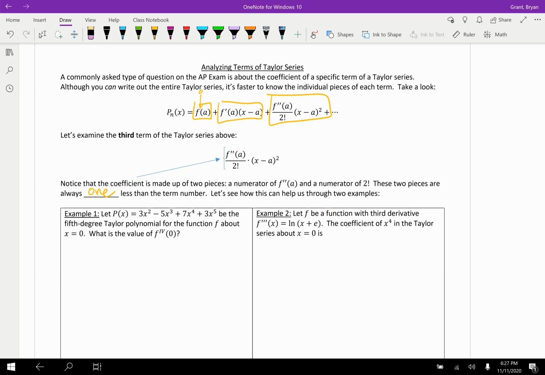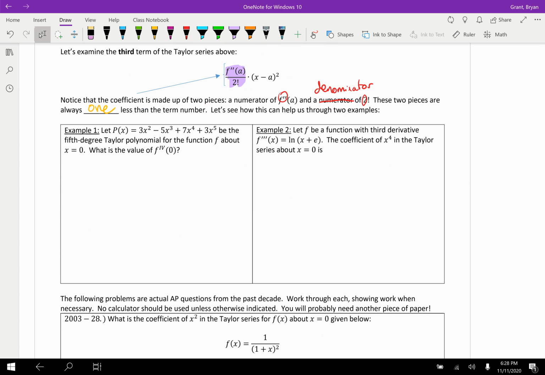We need to notice that the coefficient of this term, which I'm going to highlight right here, is made up of 2 pieces: a numerator of f double prime, and a denominator of 2 factorial. And again, each of these numbers right here are 1 less than the term number. Now, let's take a look at a couple examples and see how that helps us.